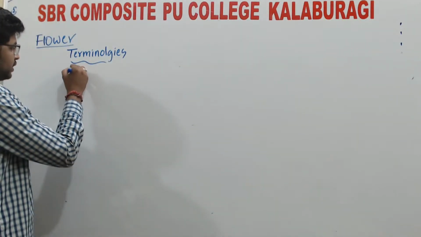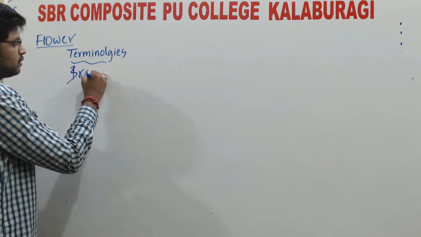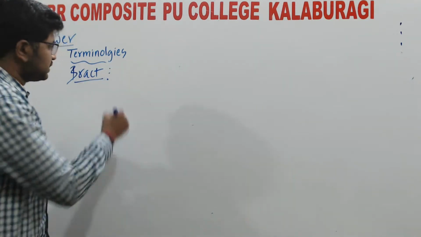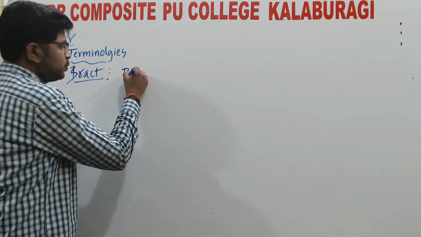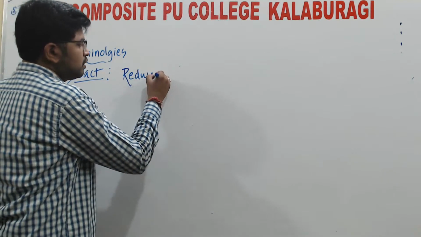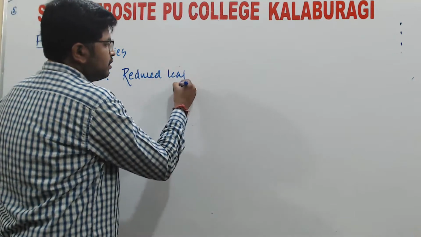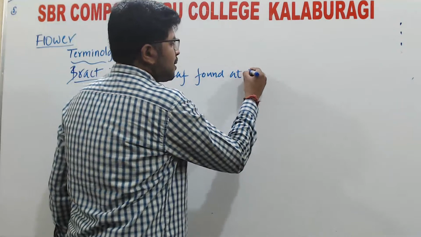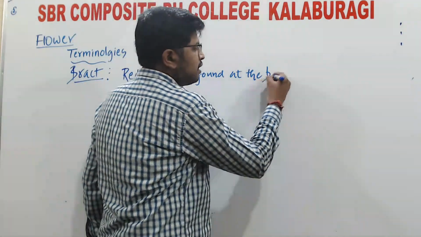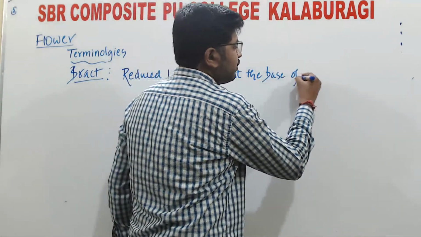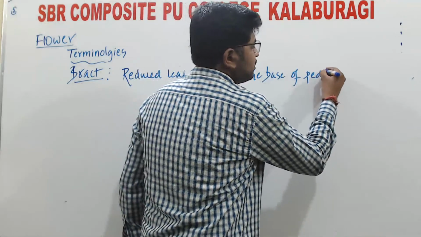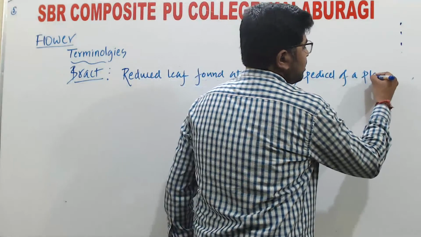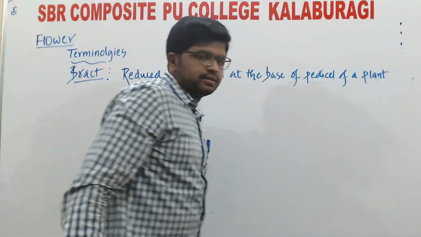Before that, we need to understand bracts. What is a bract? A bract is a reduced leaf found at the base of the pedicel of a plant. We call it a bract.